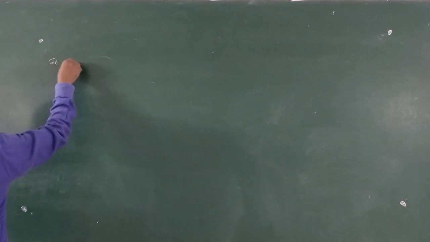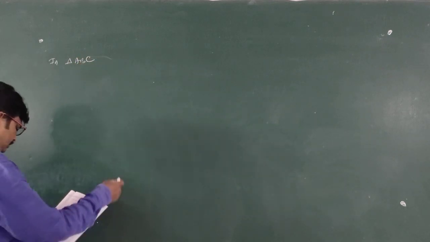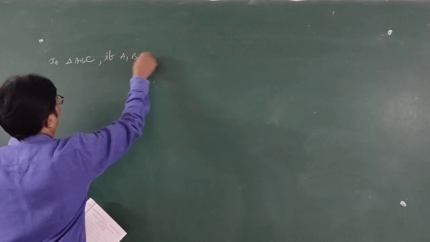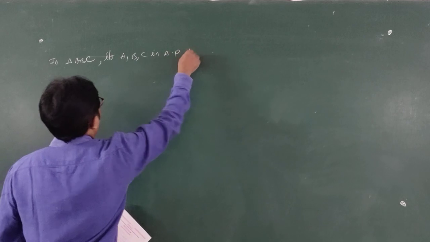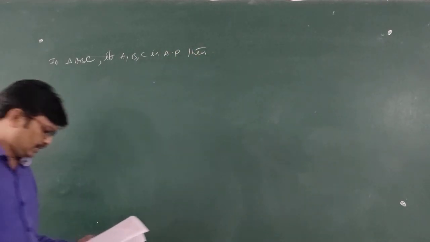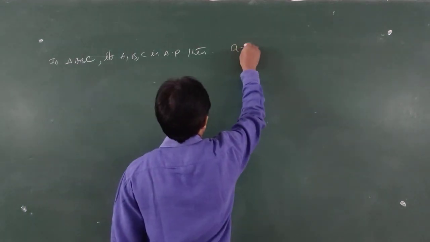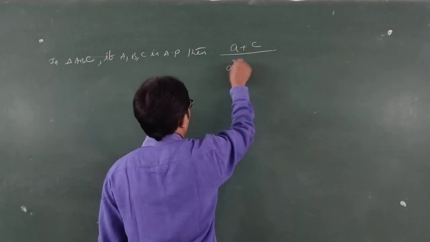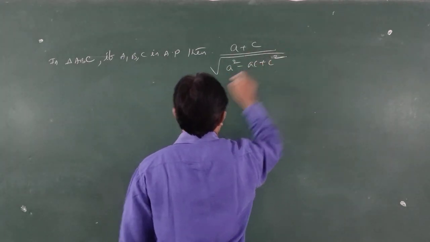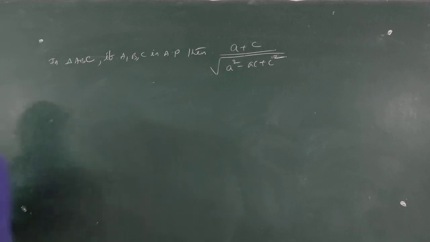In a triangle ABC, if A, B, C are in AP, then (A plus C) upon under root of (A square minus AC plus C square).